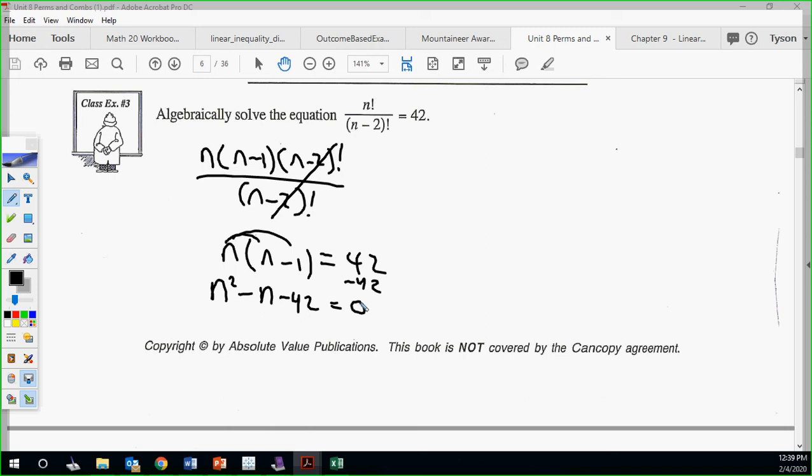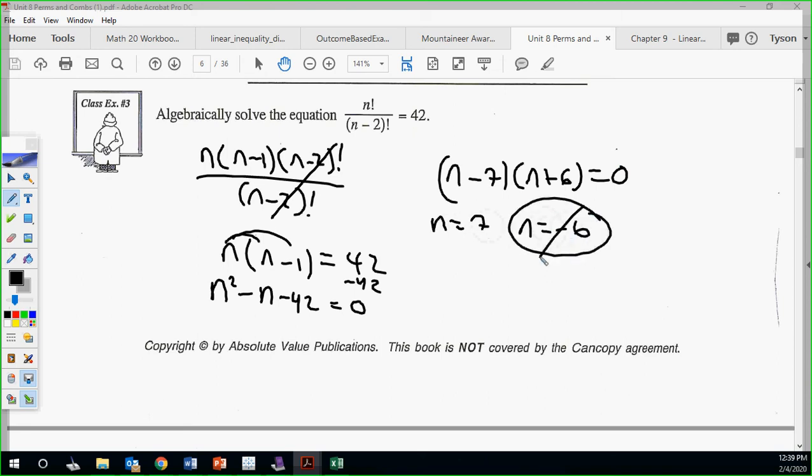So if I solve by factoring, 42's factors are n minus 7, n plus 6 that are 1 apart. And so your answers are 7 and negative 6.